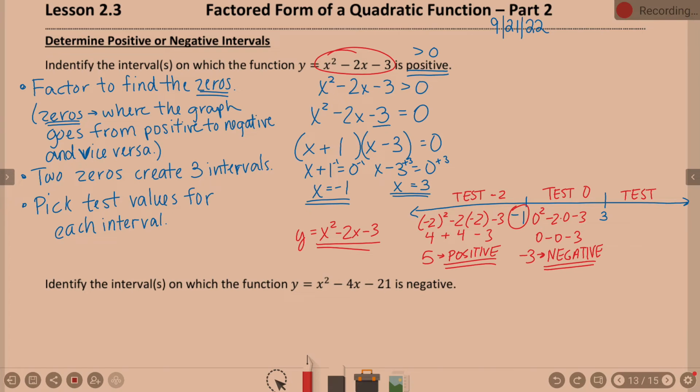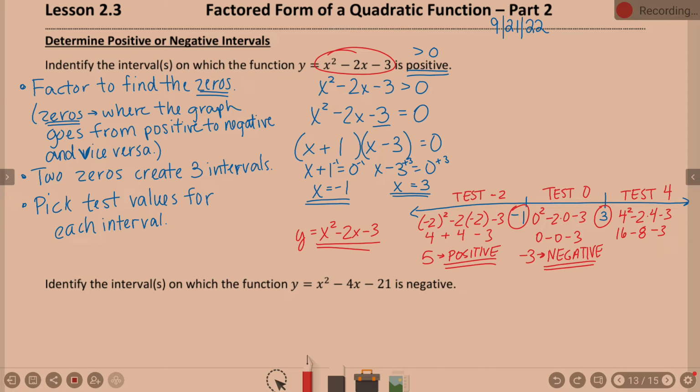We're going to test one more value, a number to the right of 3. I would probably use 4. Not saying you have to. Any number bigger than 3. So, plug it into the same original equation. 4 squared minus 2 times 4 minus 3. 4 squared is 16, minus 2 times 4, so minus 8, minus 3.